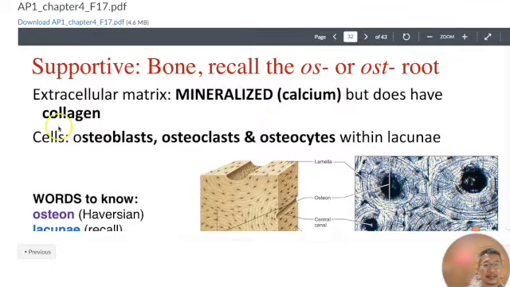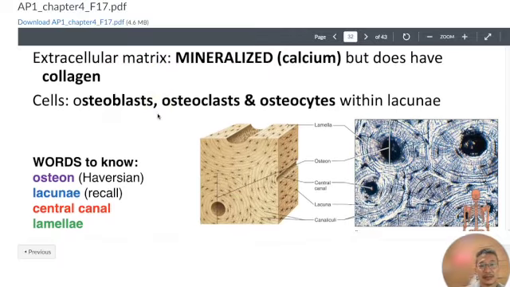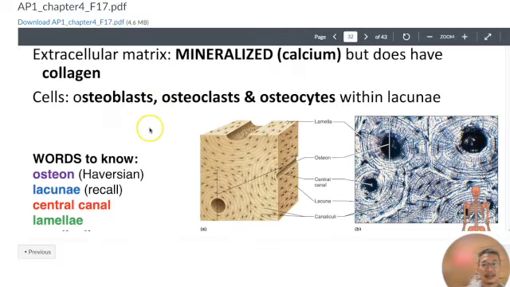It does not have collagen. You remember the other extracellular matrix is not calcified, so it's softer. But the extracellular matrix of the bones is calcified by calcium. The cells we're going to learn here are osteoblast, which matures into osteocyte, and then there's osteoclast.